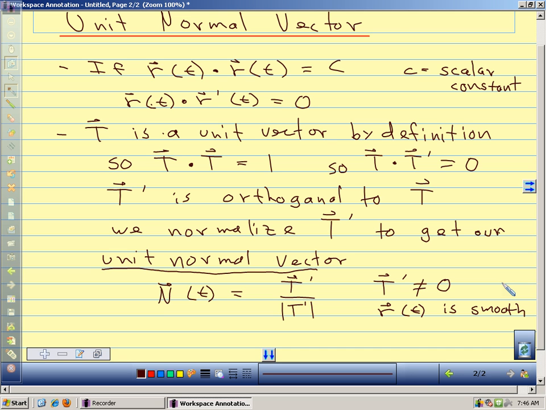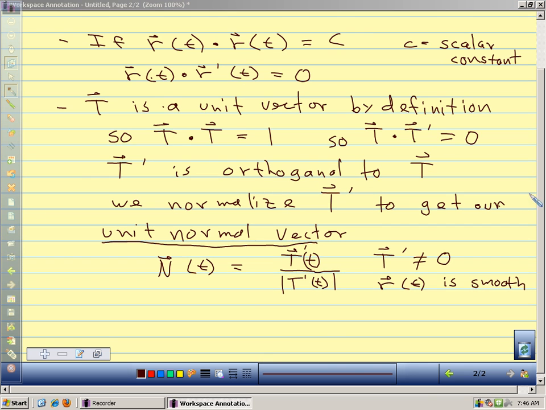So we find our unit normal vector by taking T prime, the derivative of our unit tangent vector, and dividing it by its length at a particular point. And I'm going to write our functional dependence on our parameter, just so we remember that our unit normal vector changes with time.